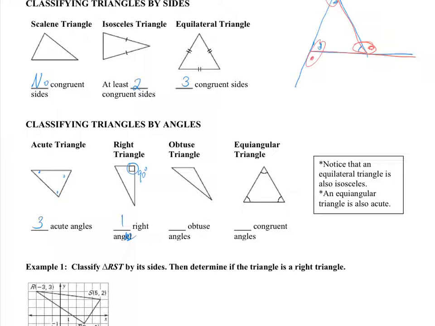And then we have the obtuse triangle with 1 angle that's greater than 90 degrees but less than 180 degrees. And then we have the equiangular triangle with 3 congruent angles. Notice that an equilateral triangle is also an isosceles, and an equiangular triangle is also acute.